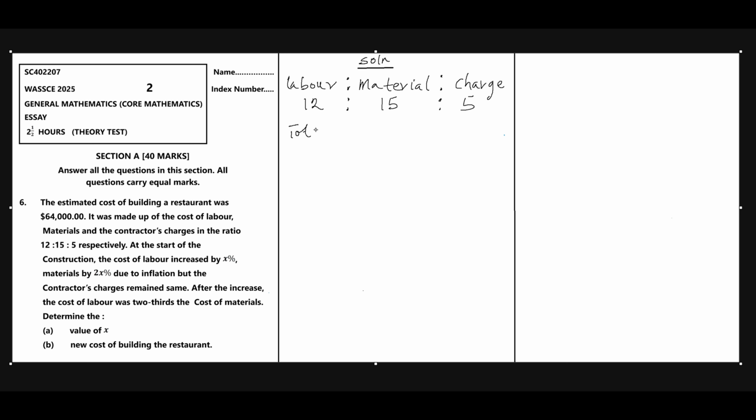Now the next thing we do is let's find the total ratio. The total ratio will be the sum of the individual ratios. So 12 plus 15 plus 5. Remember 15 plus 5 is 20, and then 20 plus 12 is 32.